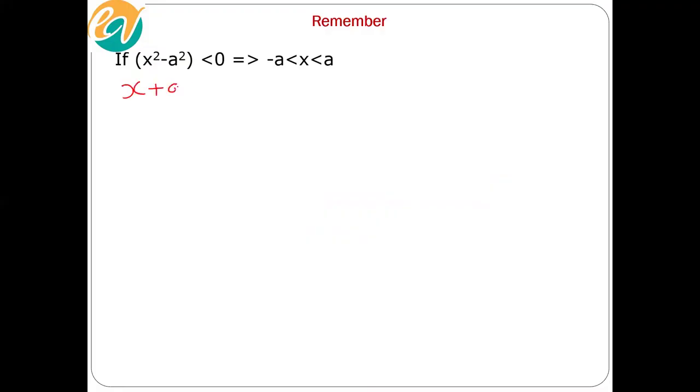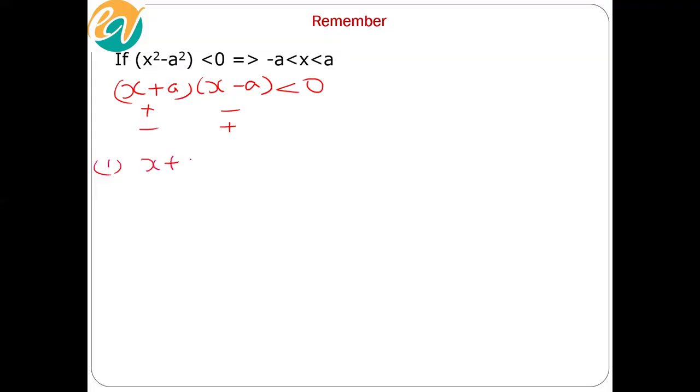Let's factorize it. x plus a into x minus a is lesser than 0. Now notice the product of two expressions is negative. When will the product of two expressions be negative? When one is positive, the other is negative, correct? So we'll consider two cases. First is positive, second is negative, or first is negative, second is positive.